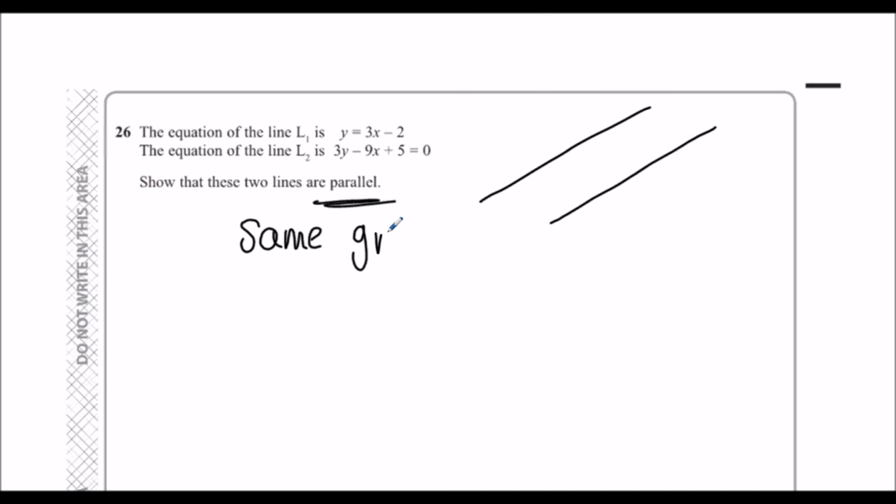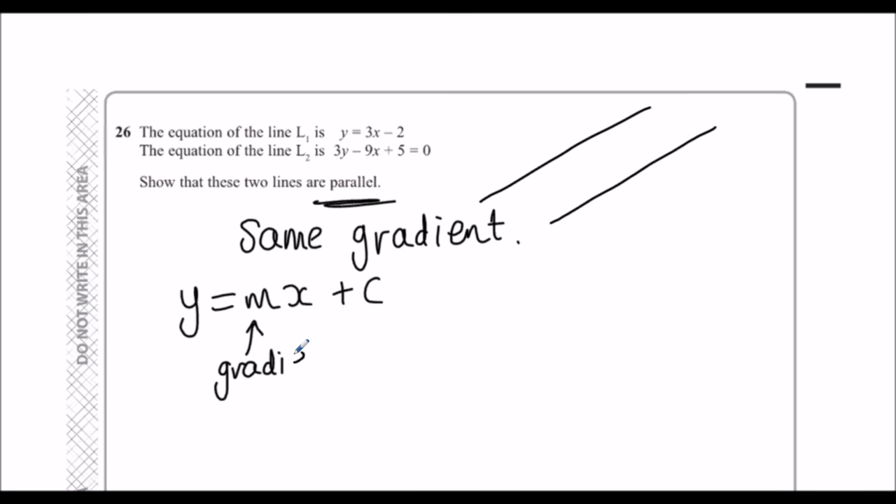So we need to show that these two lines have the same gradient. The equation of a line is in the form y equals mx plus c, where m is the gradient. So for L1, it's already in the form y equals, and the gradient, I'll put m equals 3.